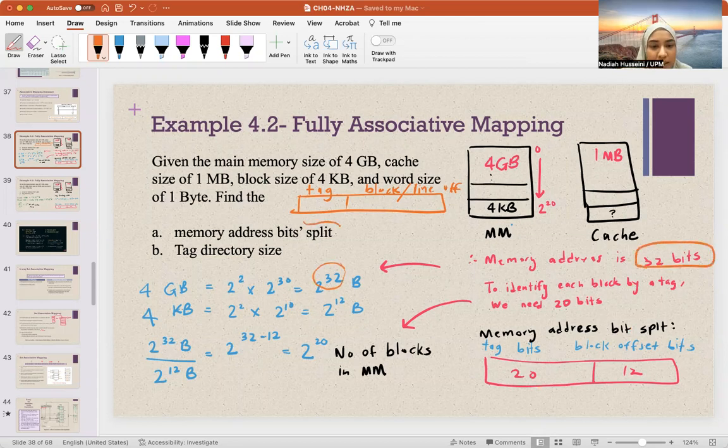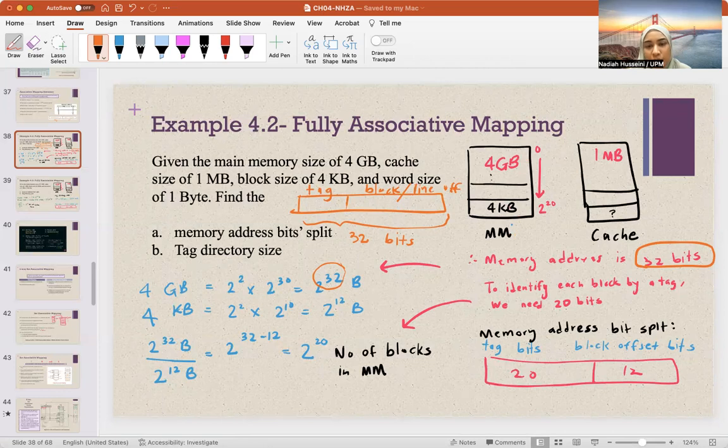So the total size is 32 bits, even though it doesn't have a line number like direct mapping, but this is the total size. So you have to work with that. We know that the 4 kilobyte corresponds to the block size. Remember, the main memory is divided into blocks.